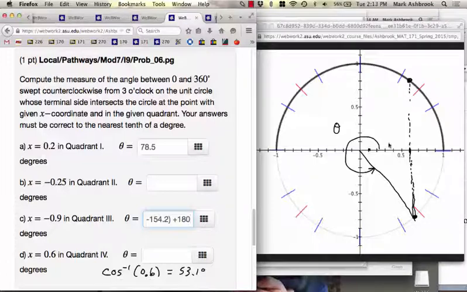So that's 53.1. Why? Because the output of cosine inverse is from 0 to 180, so we get an angle between 0 and 180 that has the same horizontal distance as our point. That must be first quadrant. So how are we going to get our angle? Keep going, you're doing great.